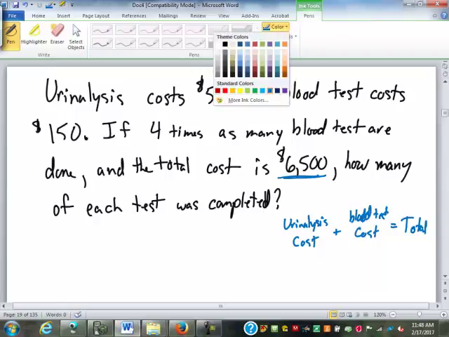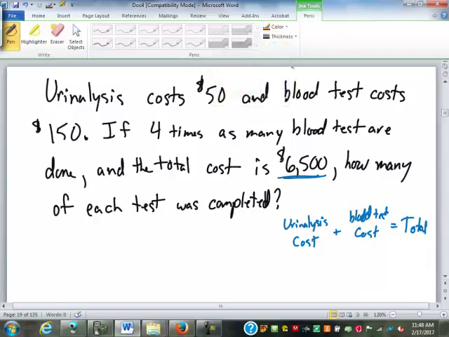The total we're given is $6,500. So we've got to figure out how we're going to express each of those costs. So over here, we're going to put down urinalysis and blood test.